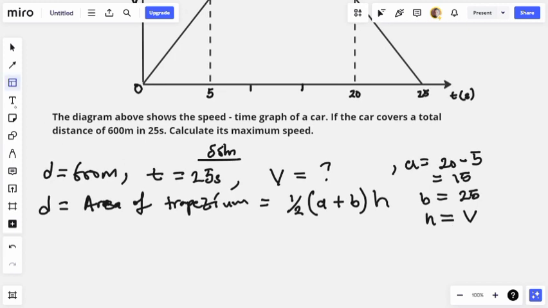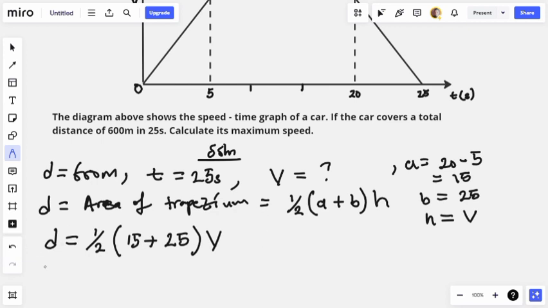So it is that velocity that we want to find. So we rewrite our formula as d equals half into our a, which is 15, plus our b, which is 25, times the height, which is our velocity, or you say maximum speed we are looking for.